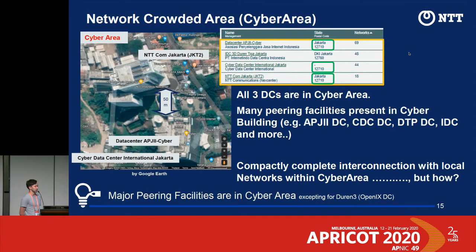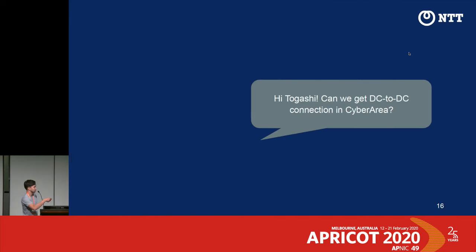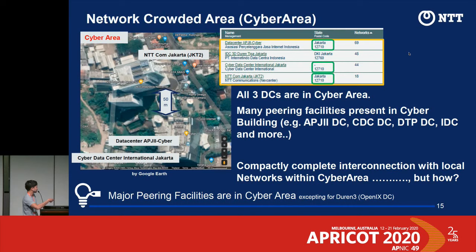This is a network crowded area, and we call this area the cyber area. The data center above in this picture is the NTT-Com Jakarta 2 data center, and the picture below is the Cyber 1 building.